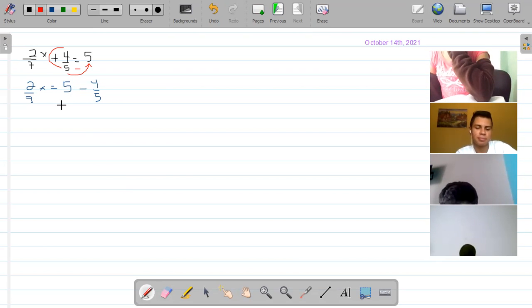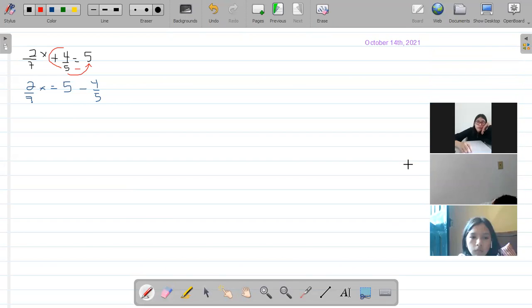How do I make this 5 a fraction? An invisible one. Add in as a denominator an invisible one. That's going to be invisible now.